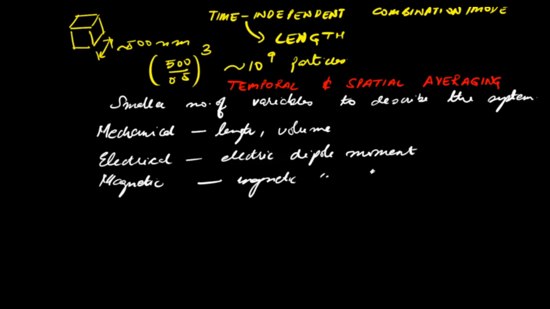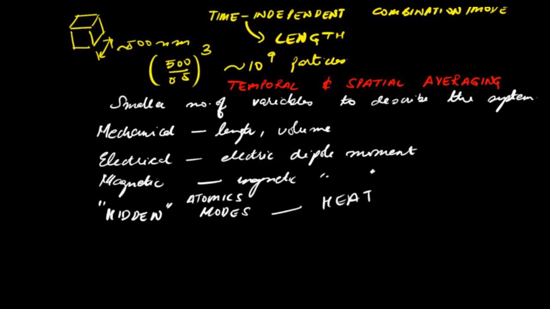But in the process of averaging, we lose some information. What do we lose? We lose information about these hidden atomic modes. Because of macroscopic measurements, we do not know the microscopic behavior of the individual particles and the associated modes.